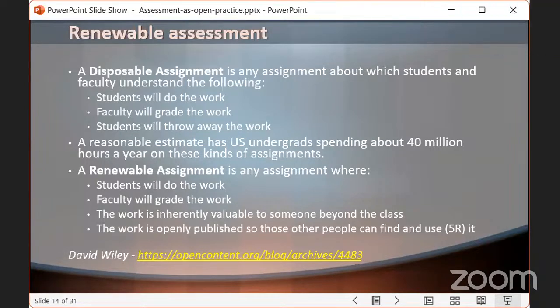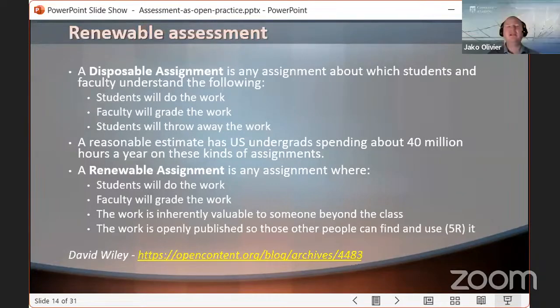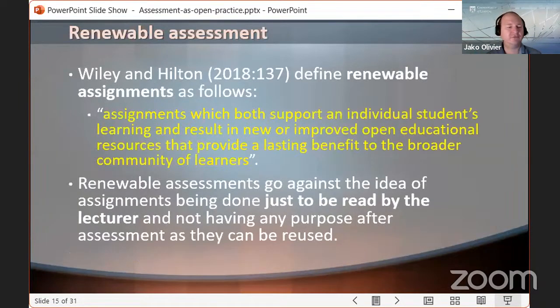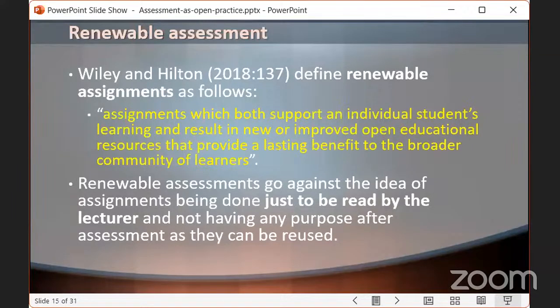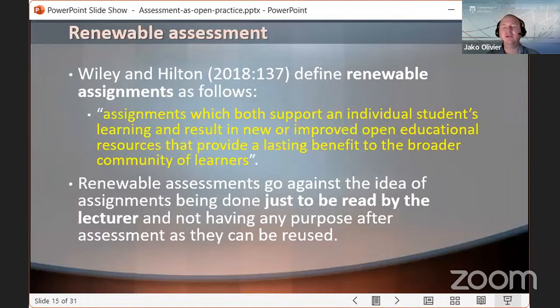And that makes it closer to what I referred to earlier as communal constructivism, the idea that whatever is created is to the benefit of the community, and not just for the class and the mark ultimately. So Wiley and Hilton defined renewable assignments as follows: assignments which both support an individual student's learning, yes, that is not normal, and result in new or improved open education resources that provide a lasting benefit to the broader community of learners.